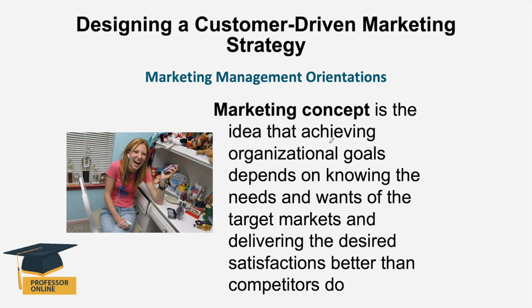It is the idea that achieving organizational goals depends on knowing the needs and wants of the target markets and delivering the desired satisfactions better than competitors do. So you do research, you find out what your target markets want, and you deliver that desired product to them and they are satisfied as compared to your competitors.